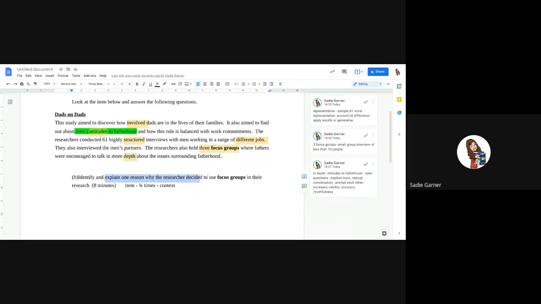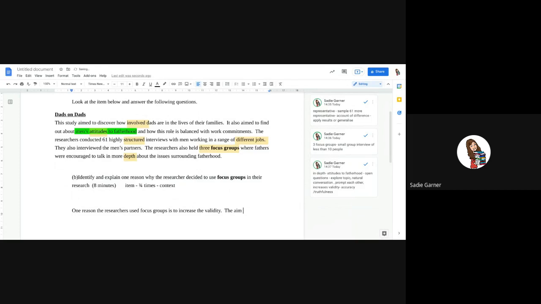I'm just pulling as much as I possibly can out of the item to help me. In this one reason question, we start it with literally one reason. One reason the researchers used focus groups was to increase the validity.